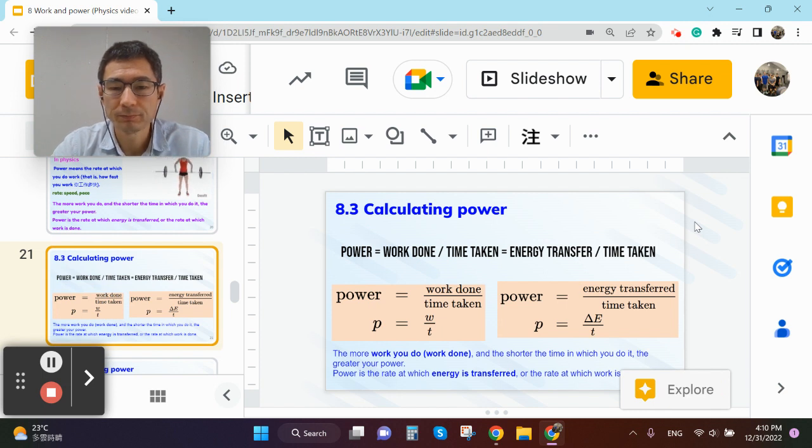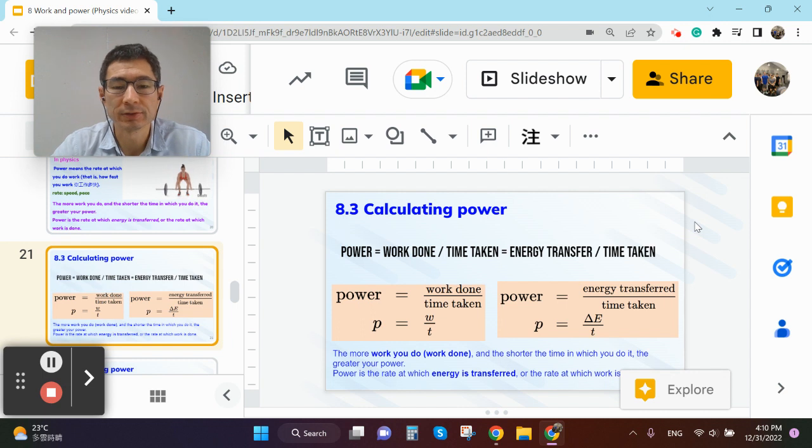Now, how to calculate it? We calculate it as work done over time. It is work done divided by time taken, or energy transfer divided by time taken.